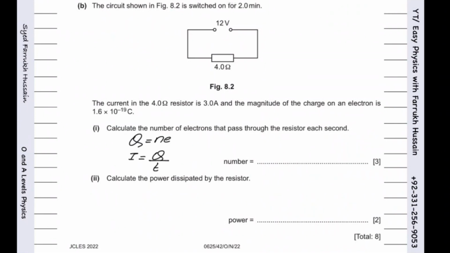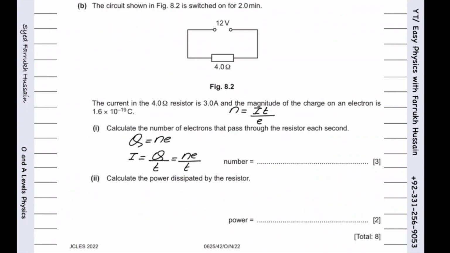Current is charge upon time. And you can replace Q by NE. So you will have NE upon T for current. So you have to find out N. N will be equal to IT upon E. Make N subject. IT upon E will be N.